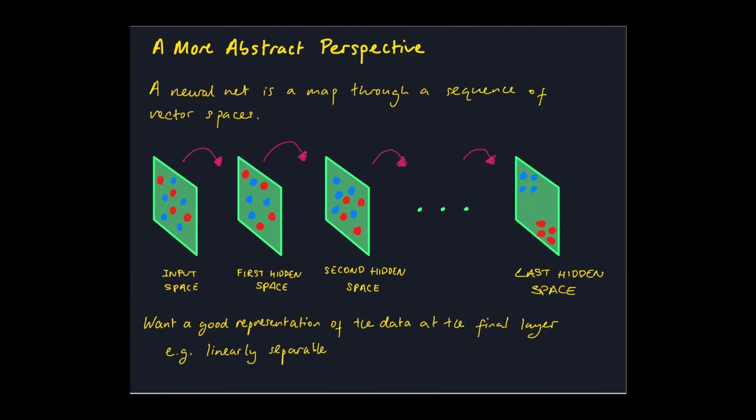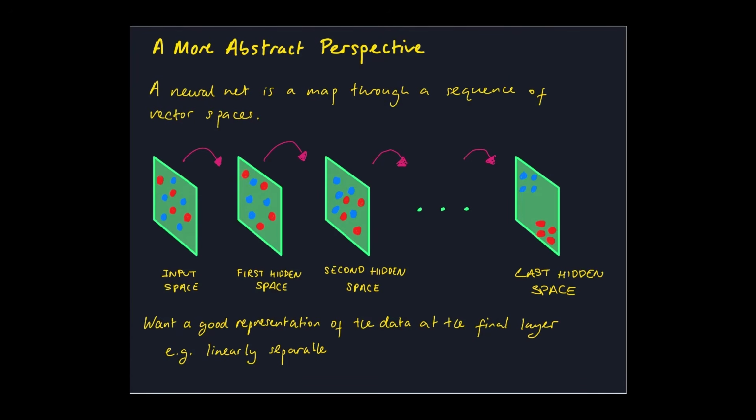I'm visualizing that here: first of all, in the input space, maybe all the different data points of unrelated things are mixed up together and not really separated or disentangled.